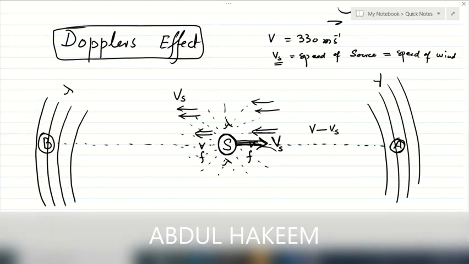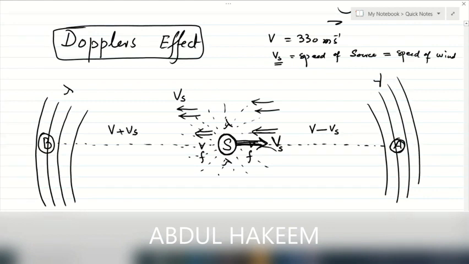Resultant speed decreases because the wind is opposing the motion of the source, but the sound going towards observer B will be v plus Vs.